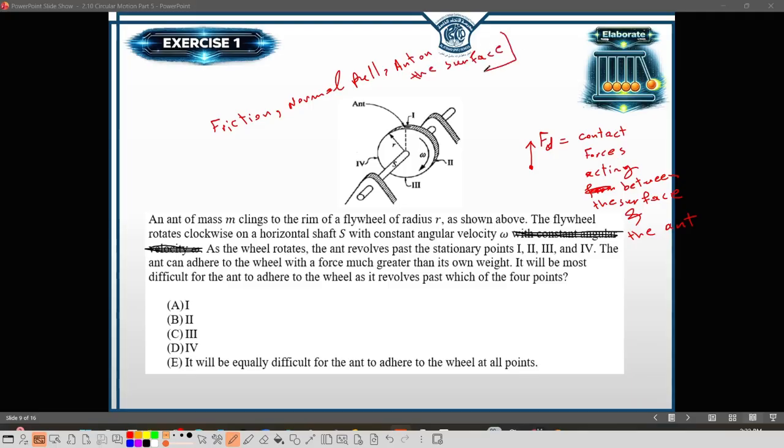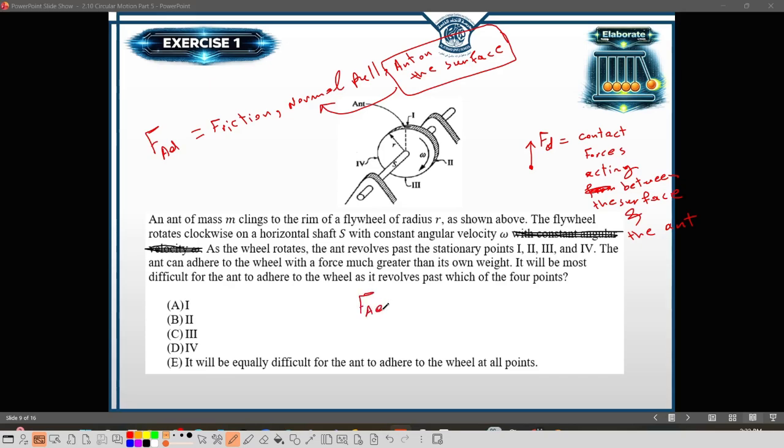So this force here is the force applied by the ant on the surface in order to stay on the surface of the wheel, and we can consider it to be part of the normal pull or the normal push. All of these forces together make up the adhesion force. So let's call it FAD.